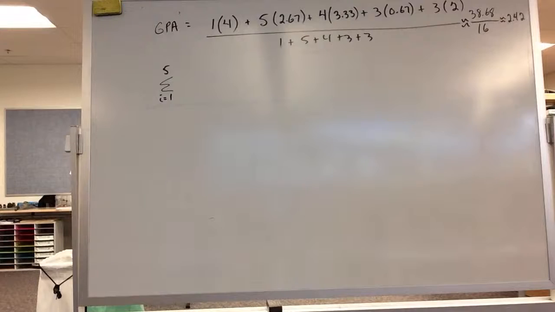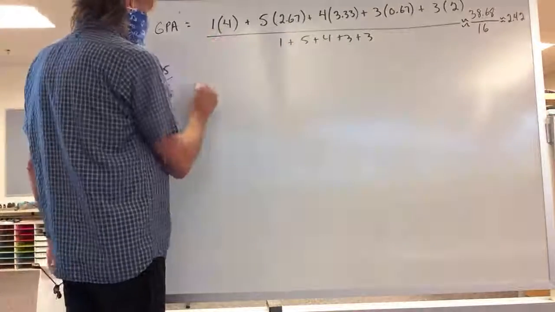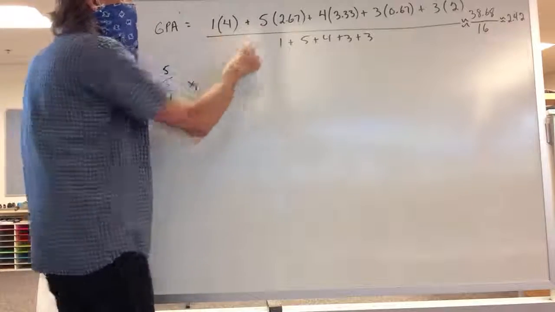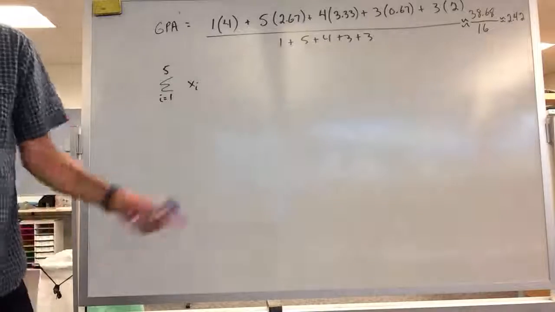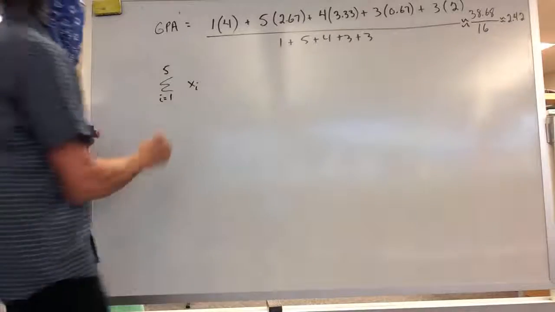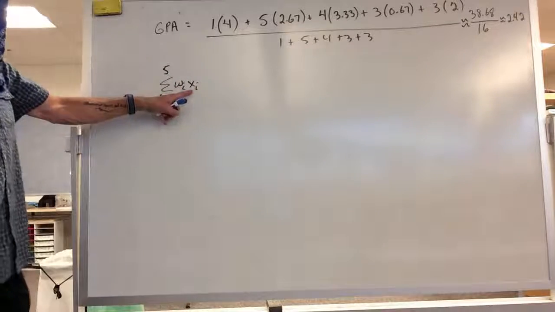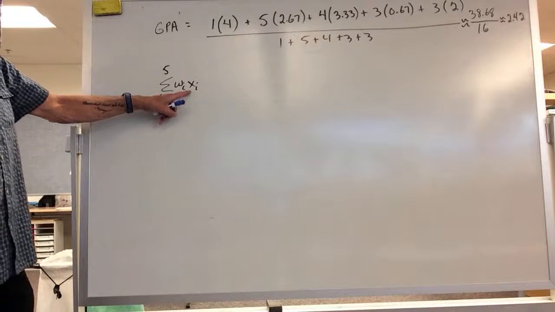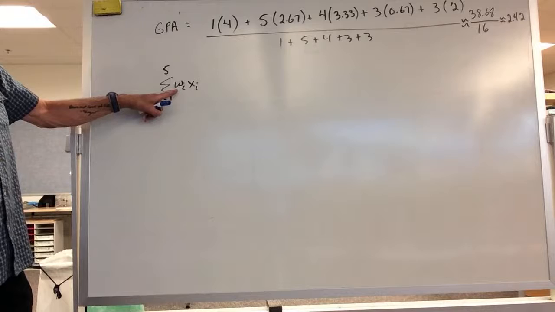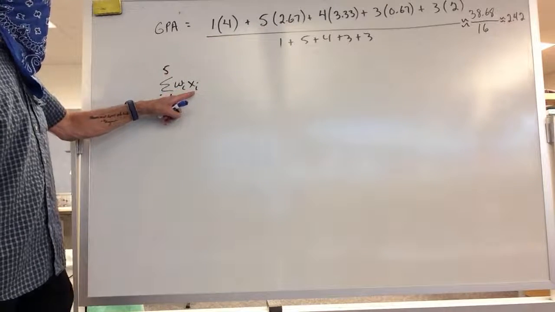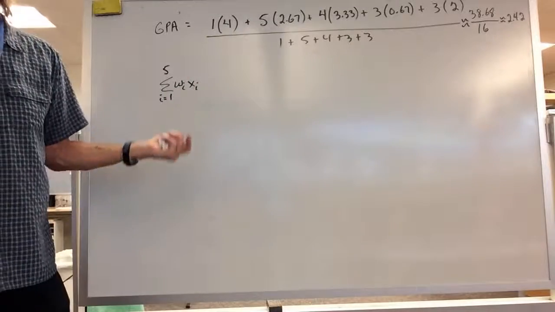Oh, they just call them X's. So her grades are all variables. But then we multiplied by the weight. And in this case, the weight was the number of credits. So the weight for the first multiplied by the grade for the first. The weight for the second multiplied by the grade for the second. We added all of those up.